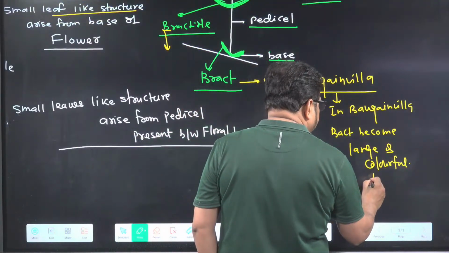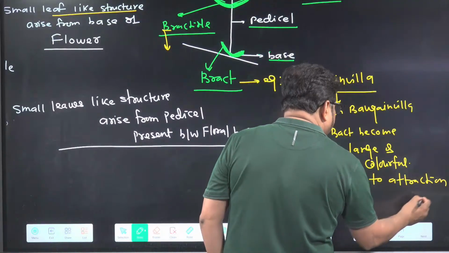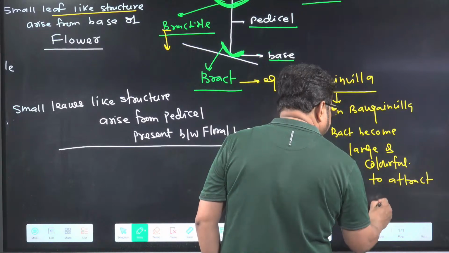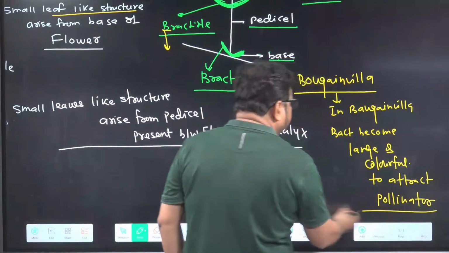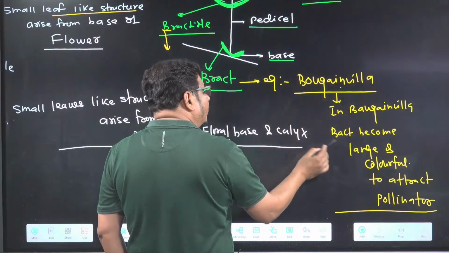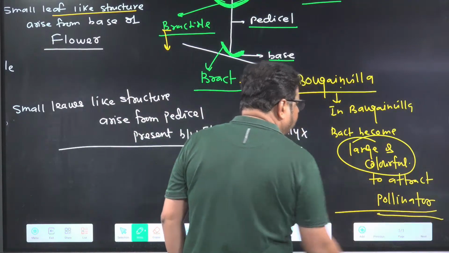To attract pollinators. So here the bract gets modified to attract the pollinator. Picture came in the mind or not? So in bougainvillea bract is there and bract has a modification. It becomes large and colorful. For which purpose? To attract the pollinator.